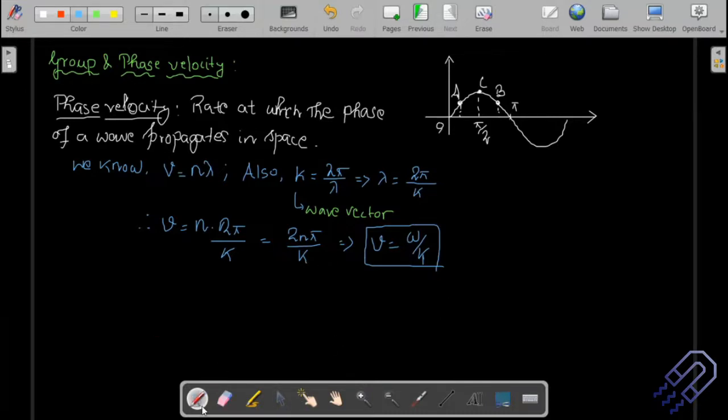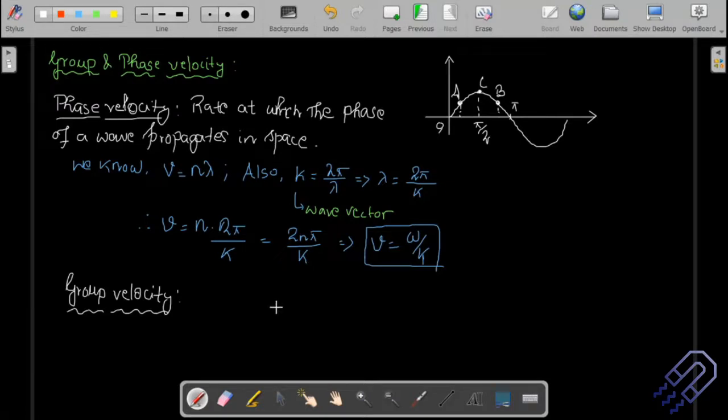Okay, so this is phase velocity. Let's just have a look into group velocity now. Let me just make the notes. Group velocity. So what happens is you can have n number of waves which are traveling, and all of these waves will have a very small difference in their phase. And they will superimpose.